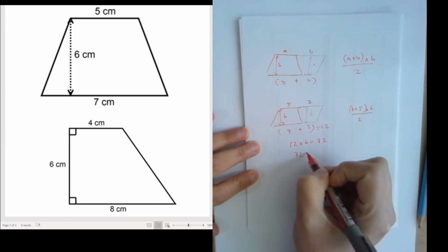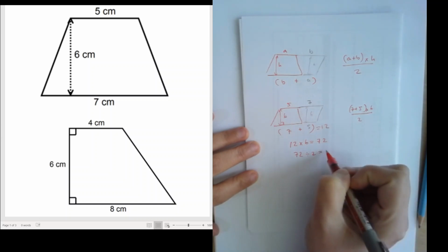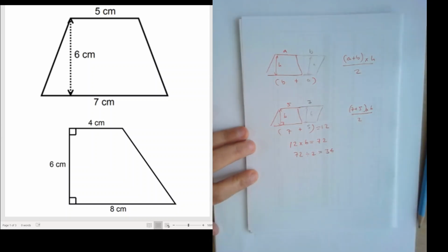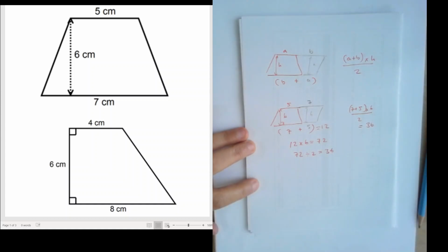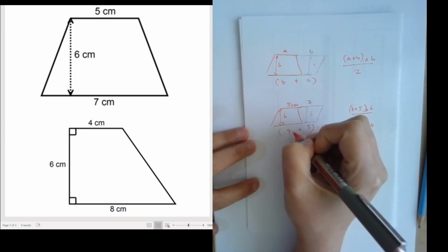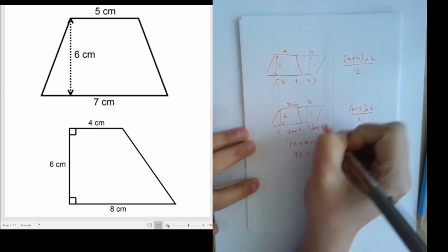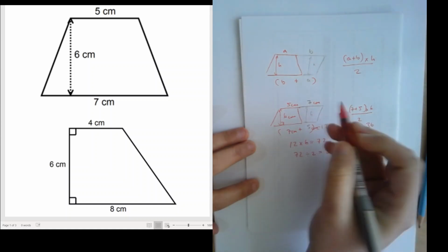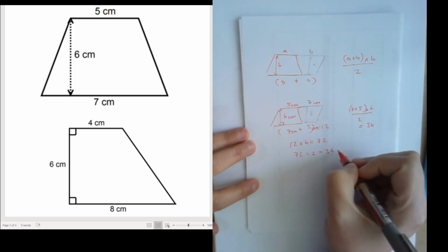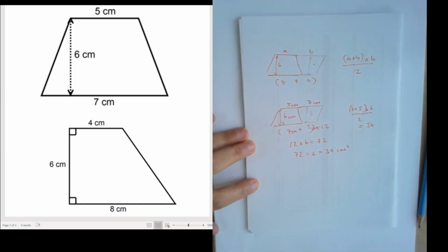So then I would say 72 divided by 2 would be 36. Okay, that's exactly the same. And because they put all those measurements in, they said centimeters. It is an area, so it is centimeters squared. Okay, should have that down.